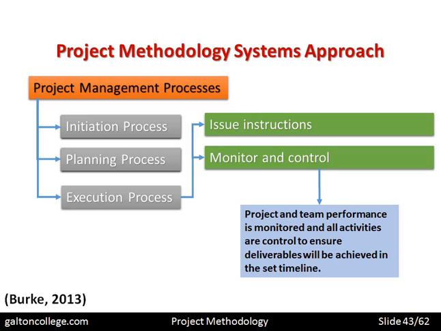If there are failings for whatever reason, they're examined, the rationale or the cause of those is understood, remedial measures may be taken, but it's important to try and keep all members of the project team in line with their set objectives.